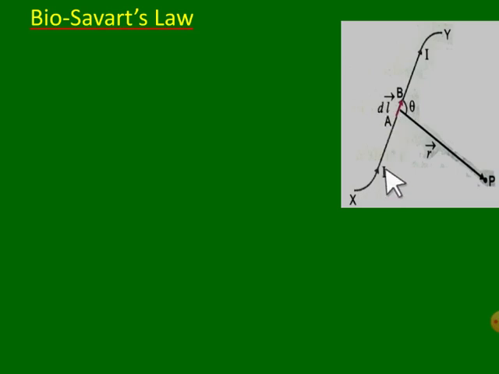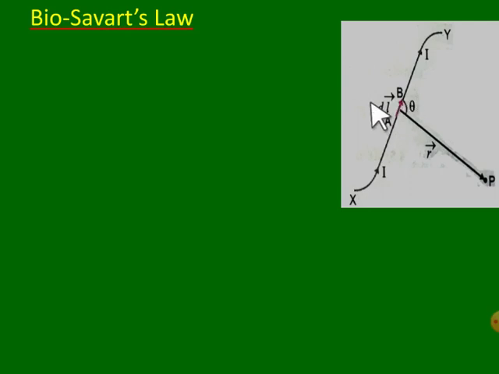Now your current I is a scalar quantity, but when you take an elemental current carrying conductor I dl, that means the current is restricted to flow along this direction only inside the conductor. Got it? So I dl, we call it the elemental current. That elemental current on this conductor is a vector quantity.